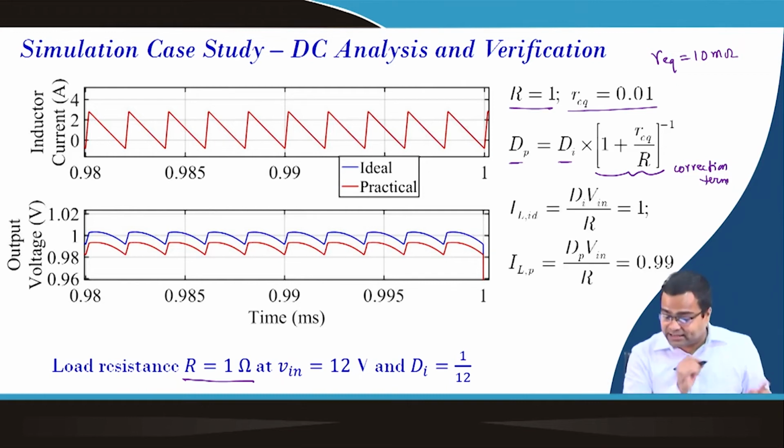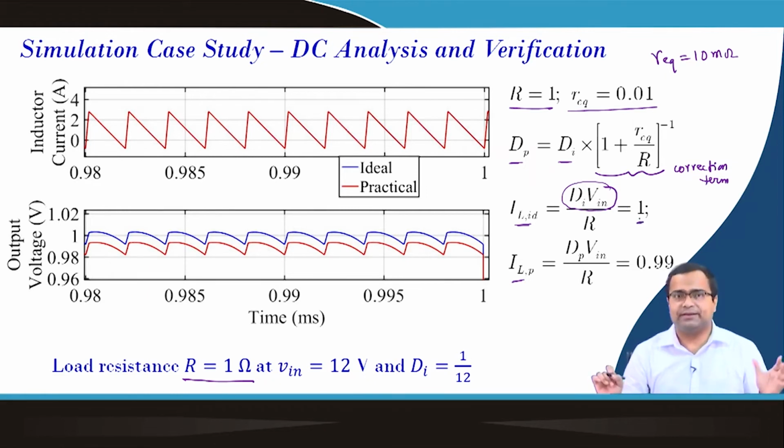Then what is my practical average current? For the ideal average current we know it is D times V in by R, or basically D times V in is my V0, and V0 by R is my average inductor current, and it is 1 ampere.